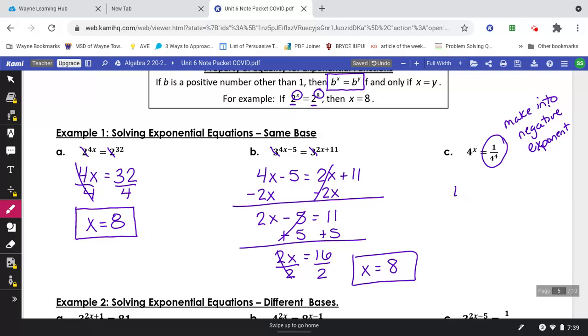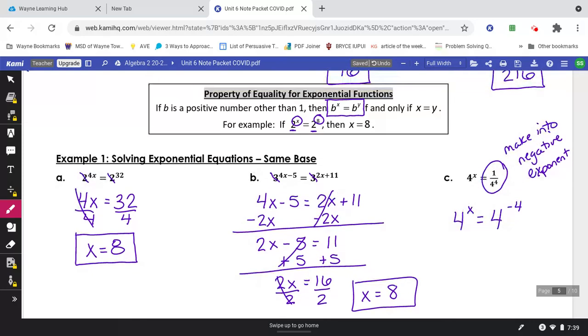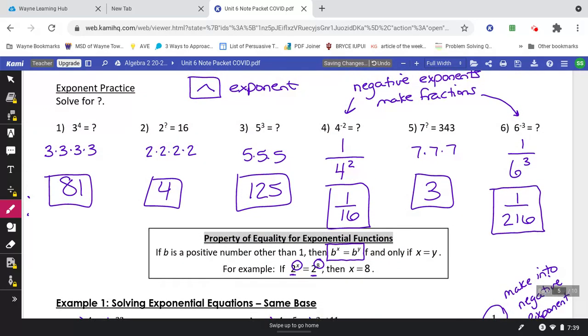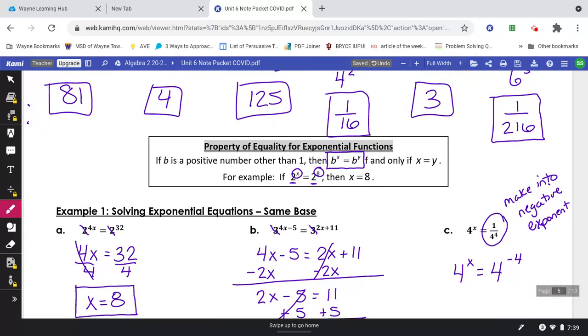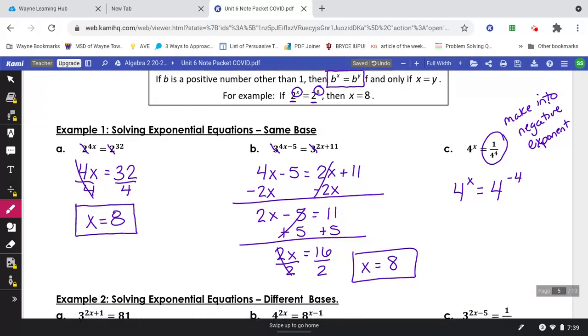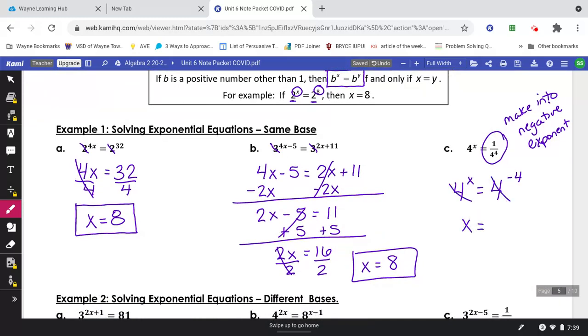So we're going to write the 4 to the x power right here, and then we're going to bring down this 1 over 4 to the 4, but we're going to write it as 4 to the negative 4. So just like we did up here, with this problem here, it was a negative, you made it a fraction. Now it's a fraction, and we're going to make it a negative. Once you have that, you can cancel the 4's, and x will be equal to negative 4.